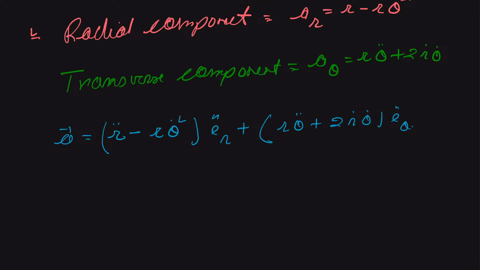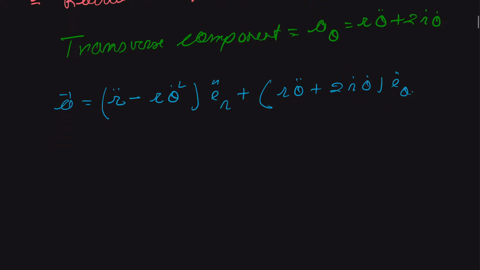In the given question we have said that it is rotating with a constant angular velocity, that is omega. That is given in the question. Therefore we can say our theta single derivative is our omega and its double derivative is 0.